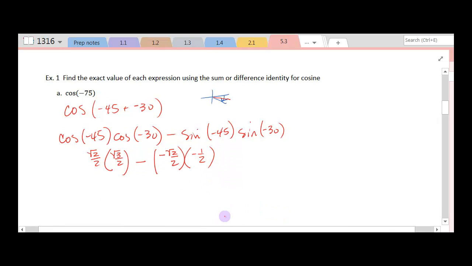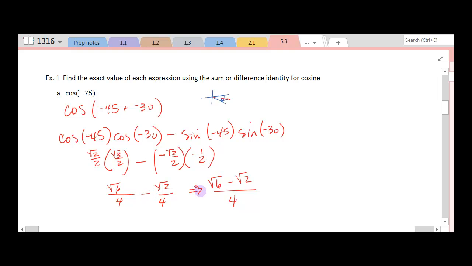Now it's just simplifying these fractions. When I multiply the two fractions at the beginning, I get the square root of 6, since 2 times 3 is 6, all over 2 times 2, which is 4. And here I have minus the square root of 2 all over 4. That's the solution. You may see it written with a combined denominator: the square root of 6 minus the square root of 2, all over 4.